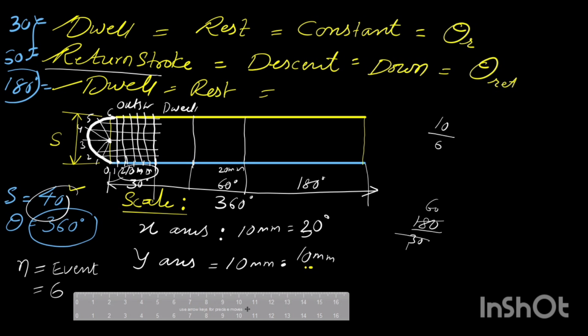So 1, 1 are intersecting at this point, 2, 2 intersecting here, 3, 3 intersecting here, 4, 4 intersecting here, 5, 5 intersecting here, 6, 6 is intersecting here. Now take a curve so that it will connect all the points.